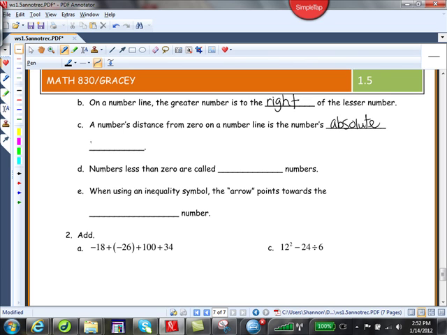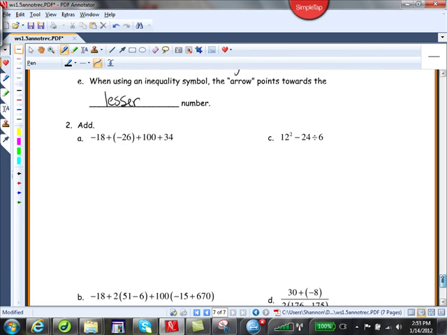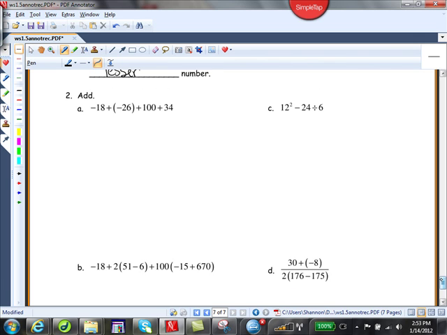Good. Numbers less than 0 are called, good, negative numbers. When using an inequality symbol, the arrow points toward the lesser number. Okay, so go ahead and pause the movie and see if you can work these problems, and then play it again to get the solutions. Good luck!